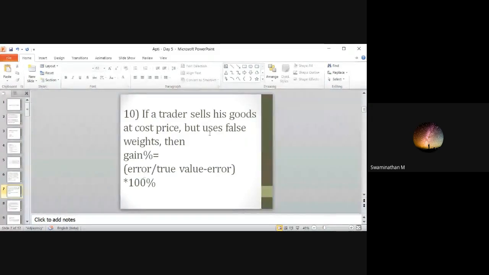So, what is the gain percent? For that, this is the formula: gain percent equals error, the difference between the actual value and what he is giving, error by (true value minus error) into 100%. This is another important formula. If you do this conventionally, it will again take time.